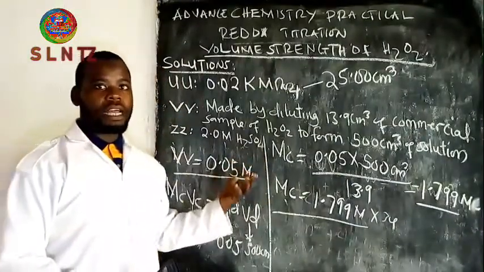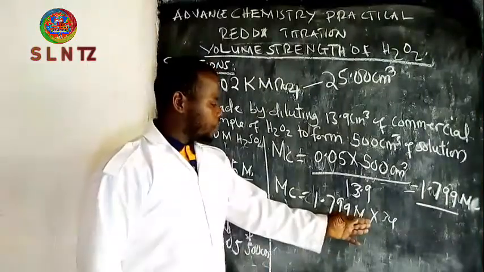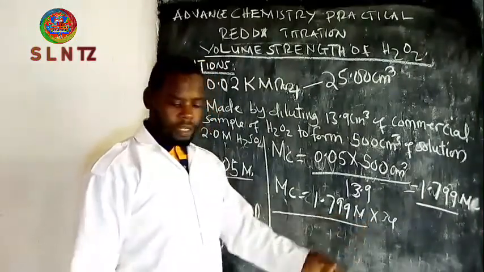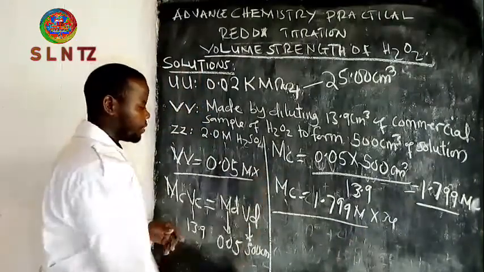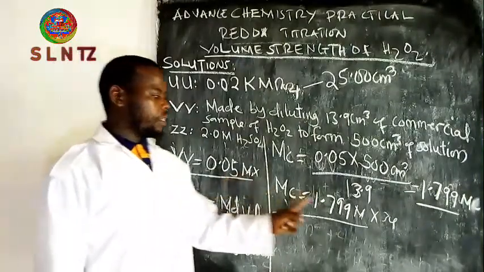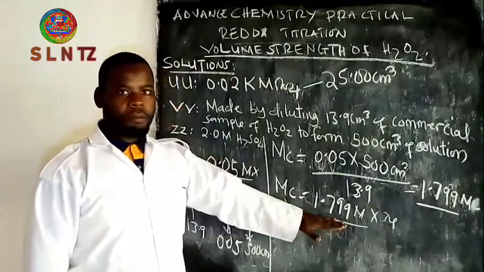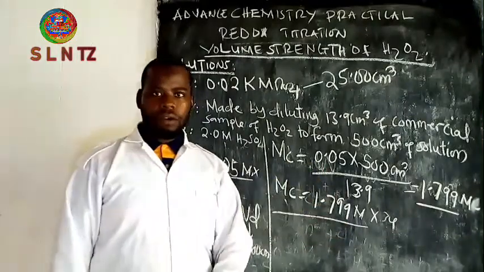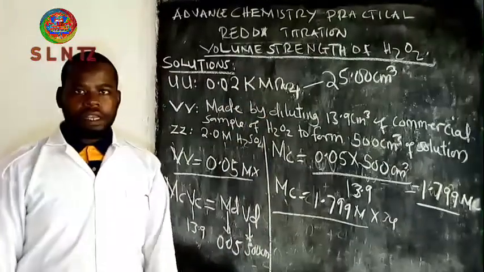It means the final is diluted. So you can use this one because our question is not guided. When you times this one, you will get this is the final concentration. This is the initial concentration. So you have to use the commercial sample molarity to calculate the volume strength of our hydrogen peroxide.